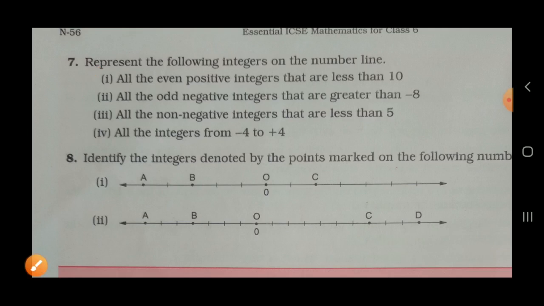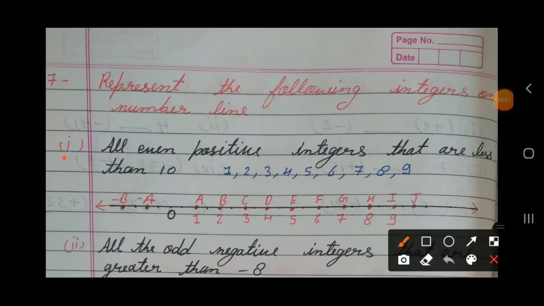In the first part, all even positive integers less than 10 are 1, 2, 3, 4, 5, 6, 7, 8, 9, and the positive even integers are 2, 4, 6, 8.